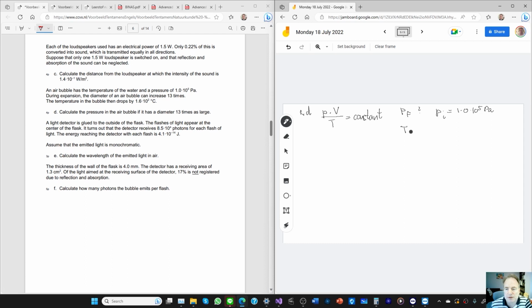Well, what about the final temperature? We are at 20 C, and then it drops by 160 degrees. So you go from room temperature, 20 degrees, to minus 100. Well, let's keep Kelvin.